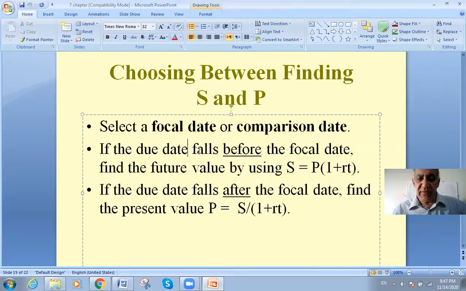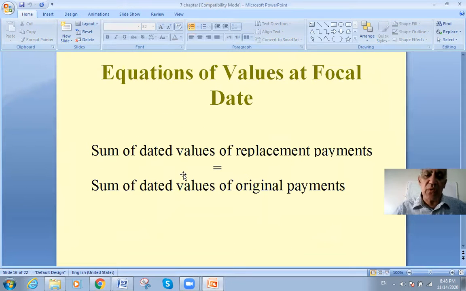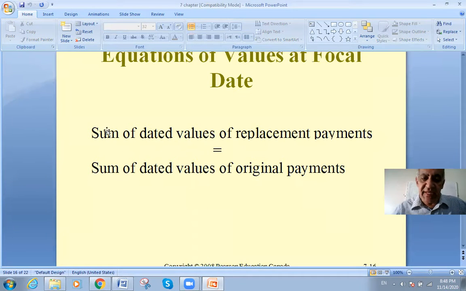So this is why I will use P for the present value and S for the future value. Okay. We have here something called the focal date. What is the focal date and how will we work on it? The base is, like you see here, the sum of the dated values of replacement payment. The replacement payment means what?